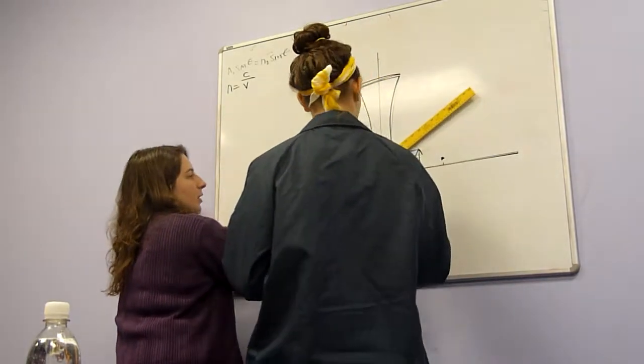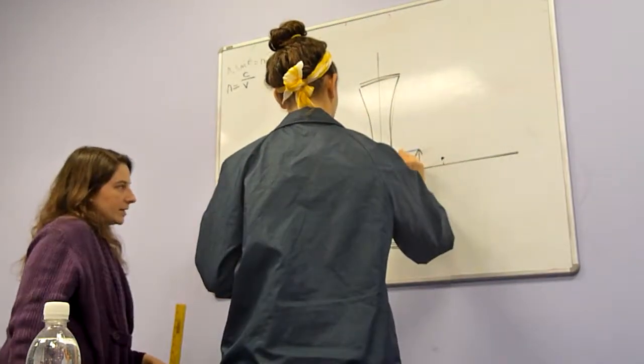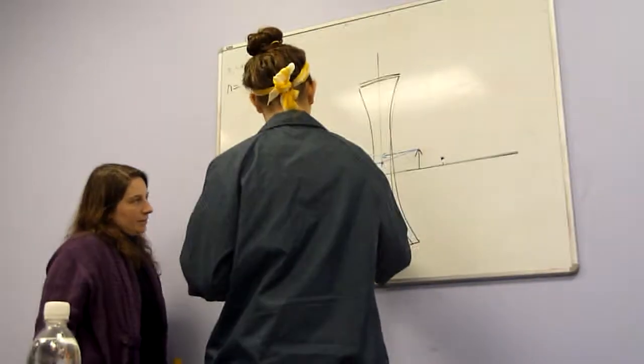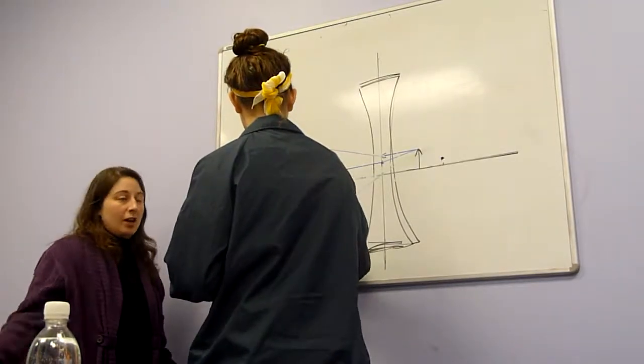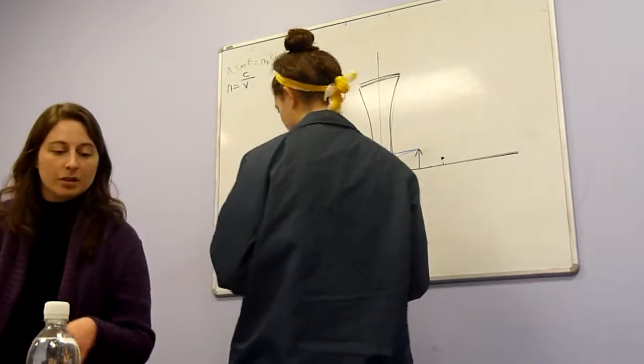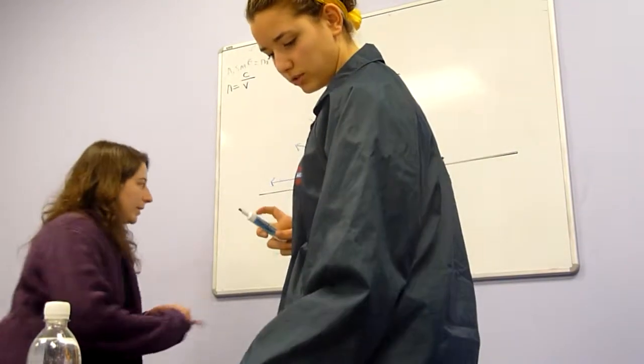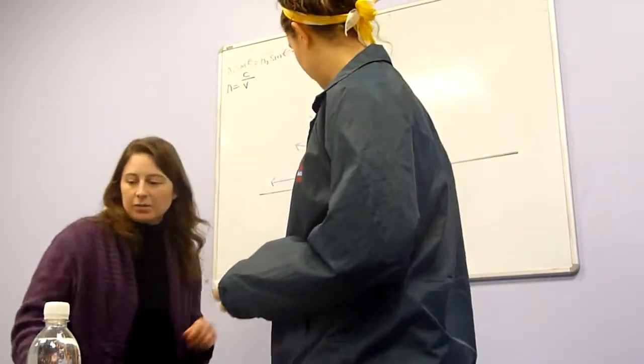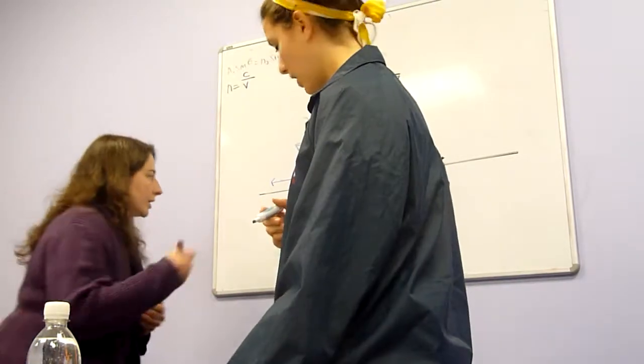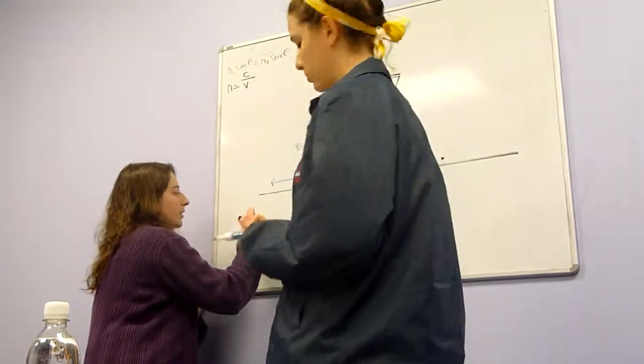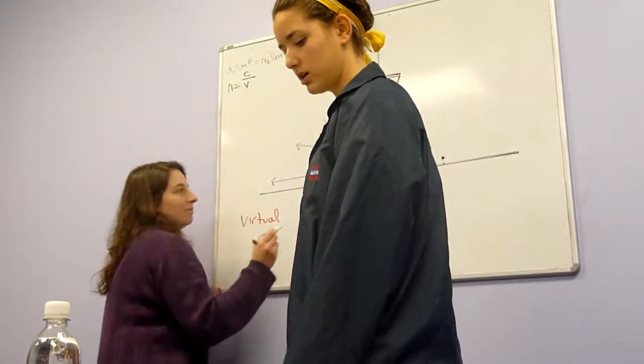Okay, so where are these three lines gonna meet? Never, so we have to extrapolate them. So what kind of image are we gonna have? A virtual image. You can extrapolate for me if you want. I'll extrapolate.